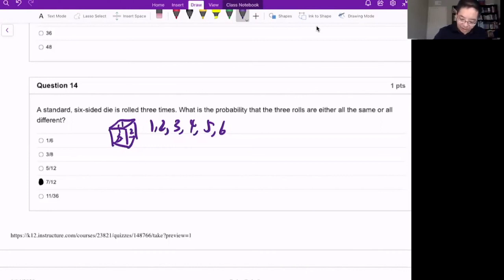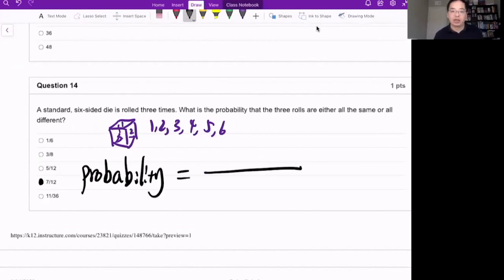Okay. All right, so first of all, let's recall. A standard die means it has 6 numbers, 1, 2, 3, 4, 5, 6, and each number is on one face, right? All right, so let's recall the general formula to calculate probability, as we have mentioned numerous times. It's a fraction.